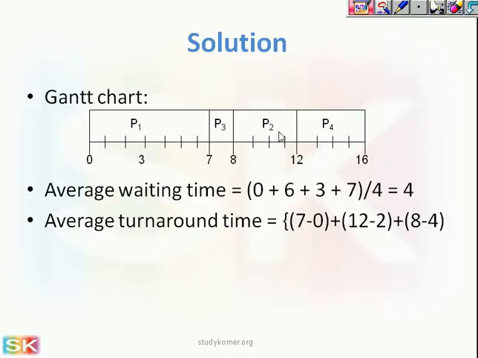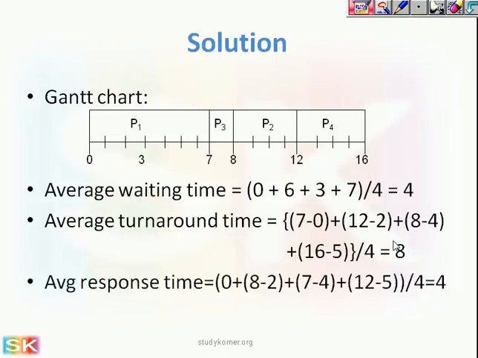Then for P2, P2 completed at 12 and submitted at time 2, so its turnaround time is 12 minus 2, plus for P3 completed at time 8 and submitted at time 4, so 8 minus 4, plus for P4 completed at 16, submitted at 5, so 16 minus 5, divided by 4 is equal to 8.